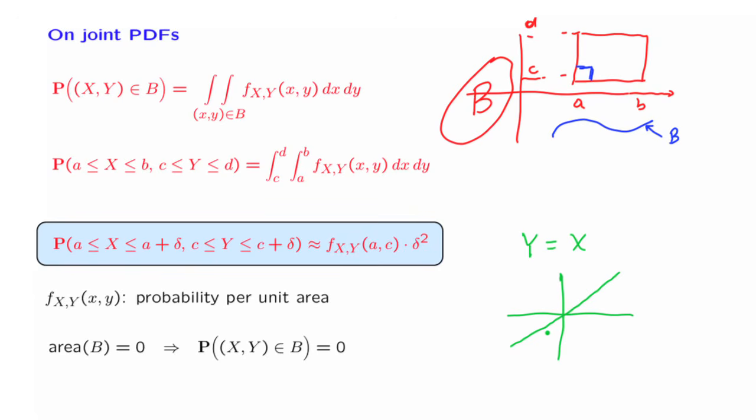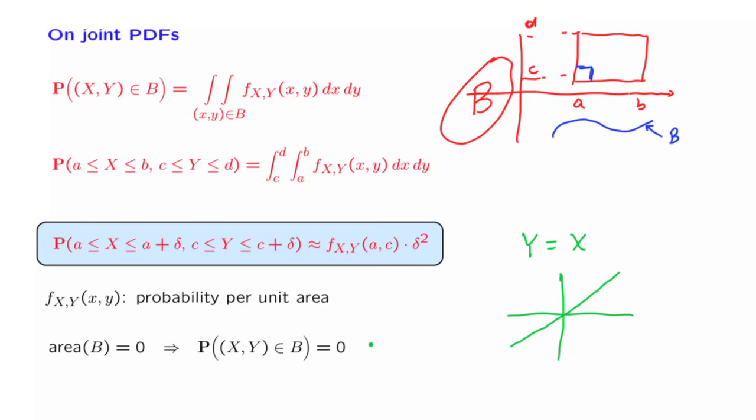All the probability lies on top of a line, and a line has zero area. So we have positive probability on a set of zero area, which contradicts what we discussed before. Well, this simply means that X and Y are not jointly continuous. Each one of them is continuous, but together they are not jointly continuous.